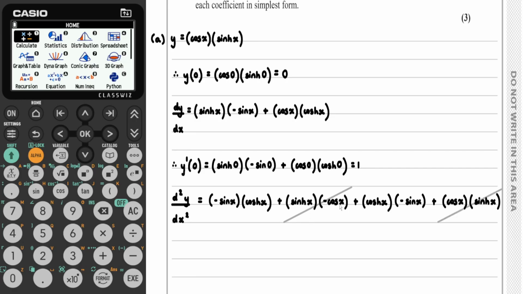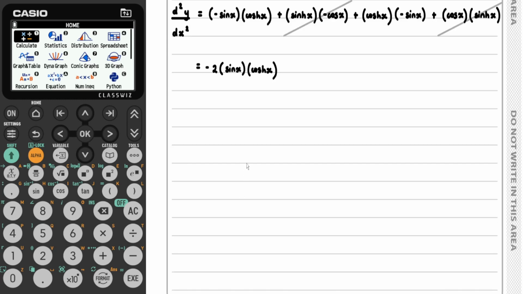And the negative cos x times hyperbolic sine x and the cos x times the hyperbolic sine x cancel, leaving us with negative 2 times sine x times hyperbolic cosine x. So now if we find the second derivative when x is equal to 0, we've got negative 2 times the sine of 0 times hyperbolic cosine of 0, which is 0.